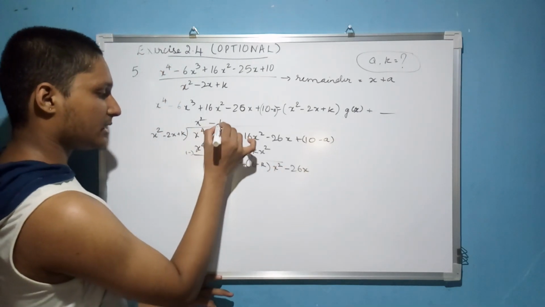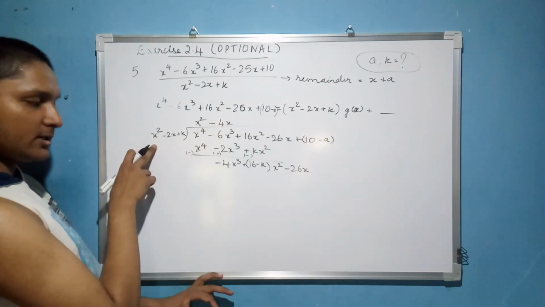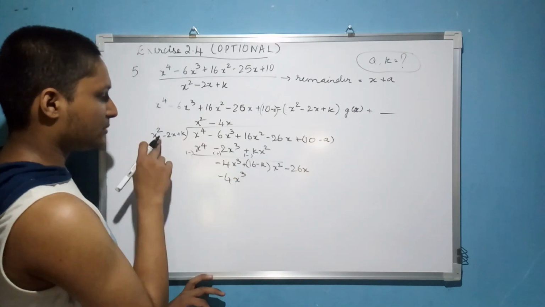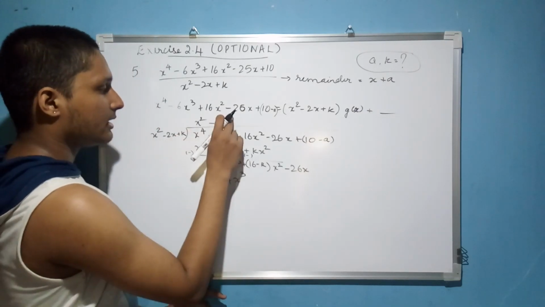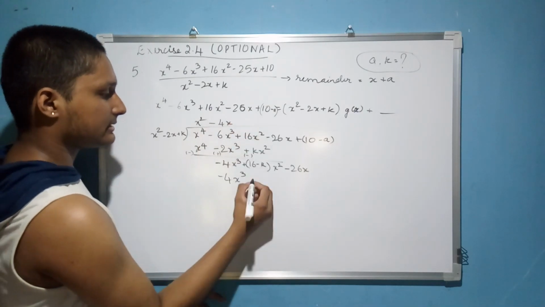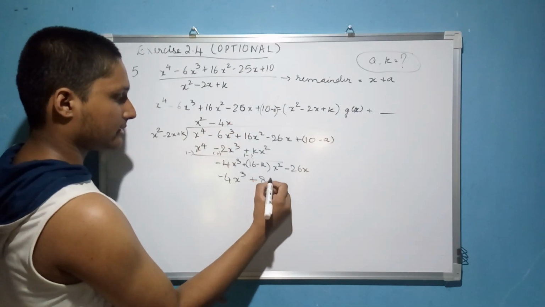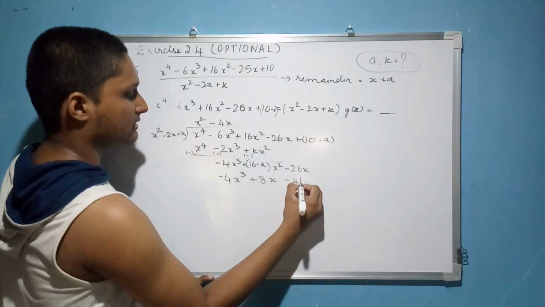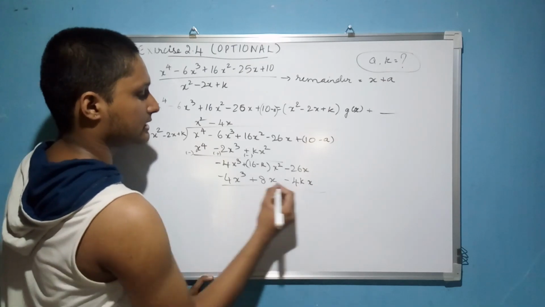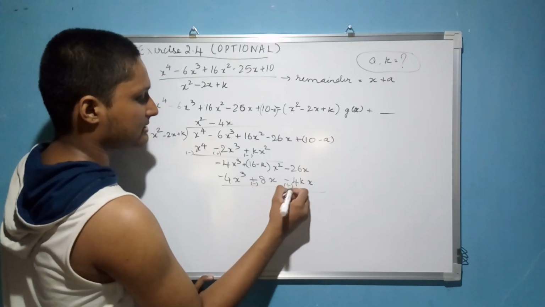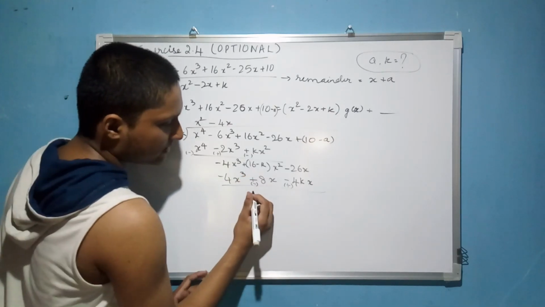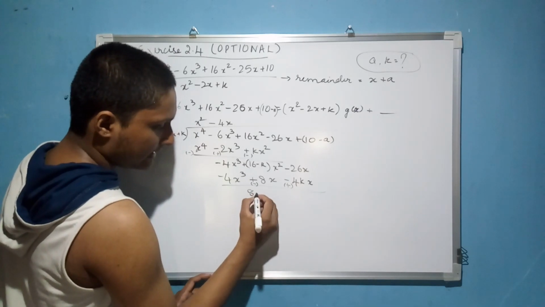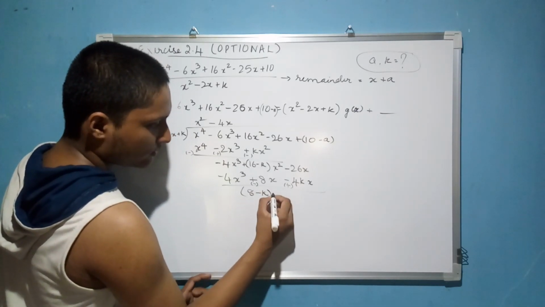The next term is minus 4x, because minus 4x cube divided by x square. Then minus 2x into minus 4x is plus 8x square, and k into minus 4 is minus 4k into x. Changing the sign, this is cancelled. Now we have 16 minus k minus 8, that is 8 minus k into x square.